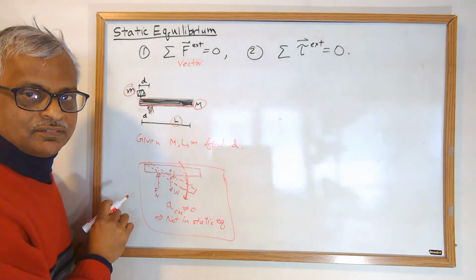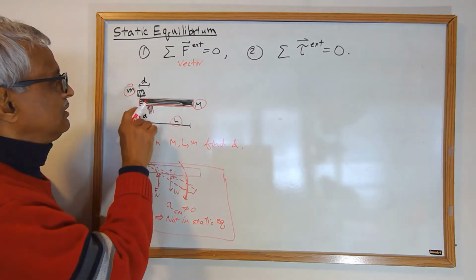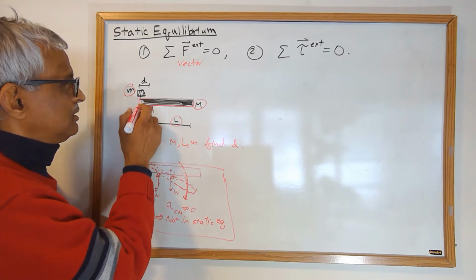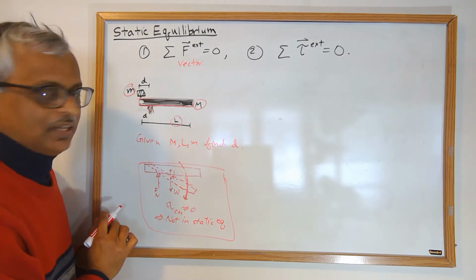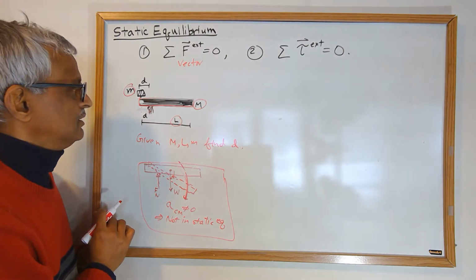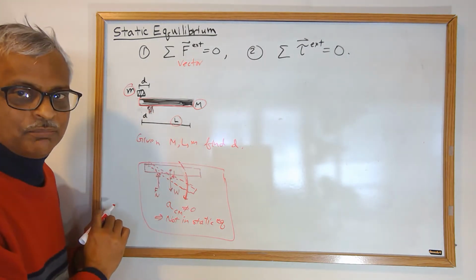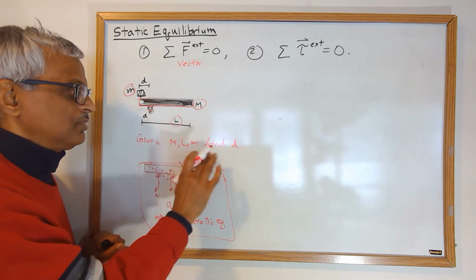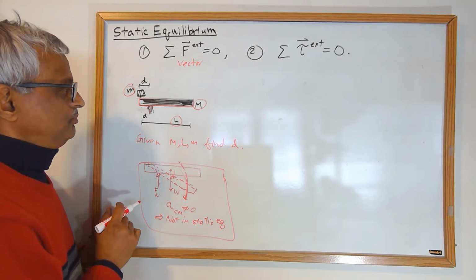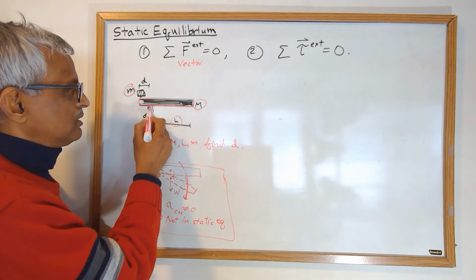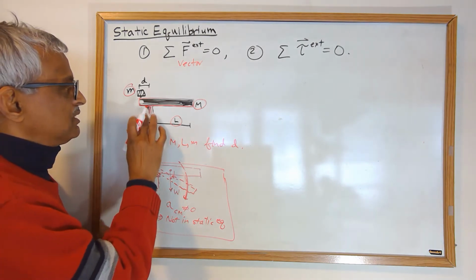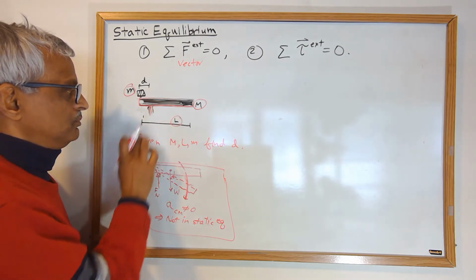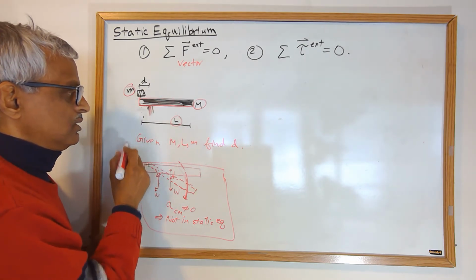It's not necessarily at the very end, but right now I have placed it right at the end, just for simplicity so that the formulas will be simpler to write. We'll do another example where you can place it anywhere and find where it should be. Basically we're trying to figure out where I should put the support, from the edge where I place this block, so that it's in equilibrium. That's the question we want to answer.